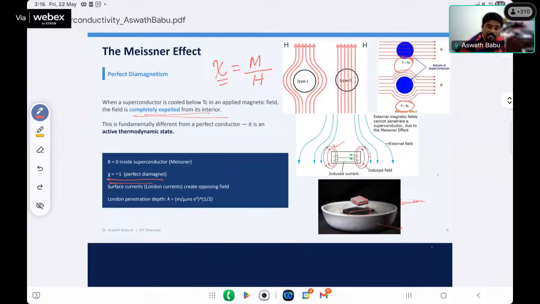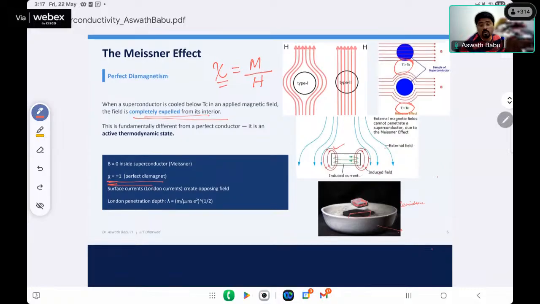M is always less, but which direction is the magnetization taking place? If it is in the same direction, then it is positive, that is a paramagnetic or ferromagnetic material. If M is negative, magnetization is in the opposite direction to the applied magnetic field, and chi is negative. If M and H are both equal and opposite, it is a perfect diamagnet, which is only possible at what temperature? Critical temperature.